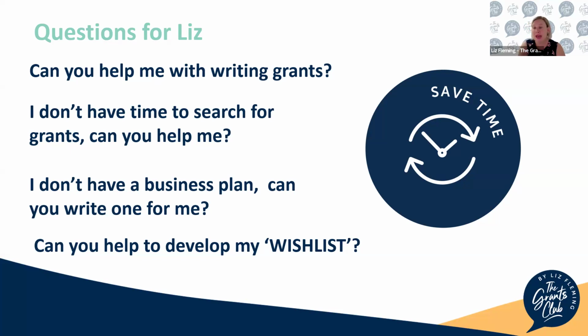You'll come up with some, and I'll come up with some, and then we'll have a clear, actionable list to take away. And then that will help you to work out what grants you're even searching for, what value of grants we're looking for, and it will start you on your journey with grants and funding to grow and thrive. So they're the main questions that come up that I just wanted to share with you today.